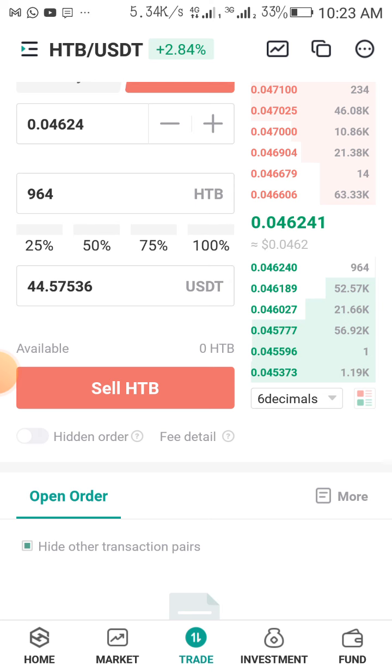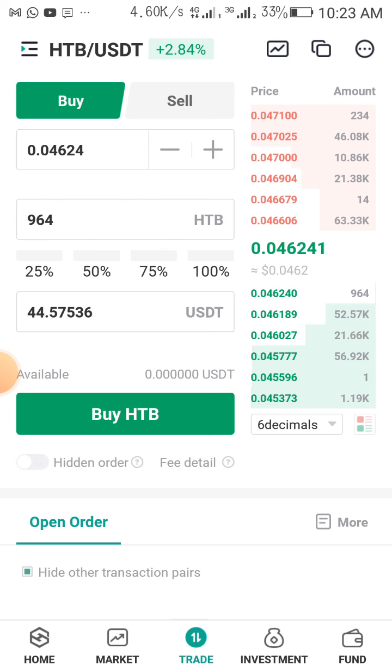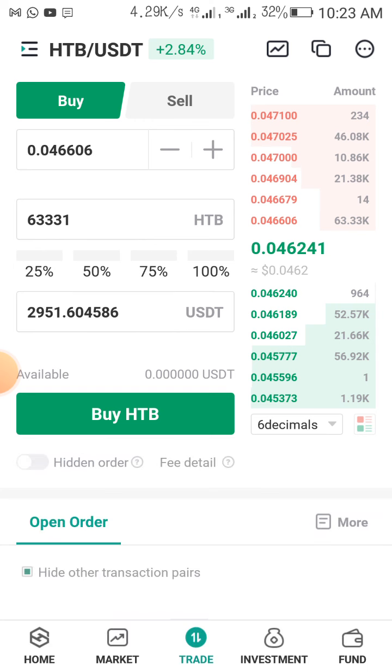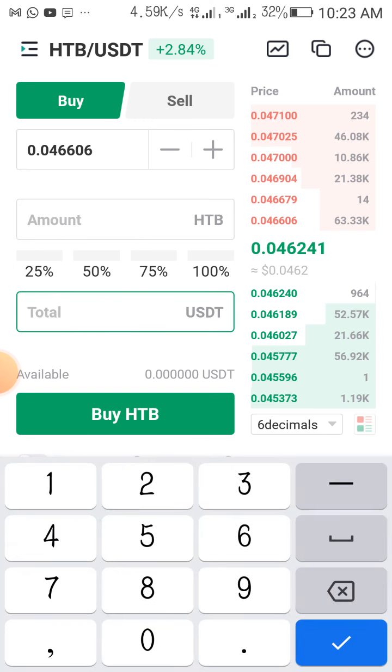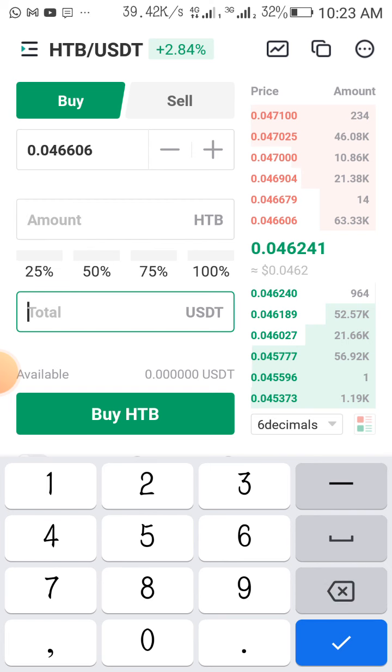But another thing, if you followed me very well, you will see that I bought the coin for $10. Let me just repeat the process again so that we'll not get confused.